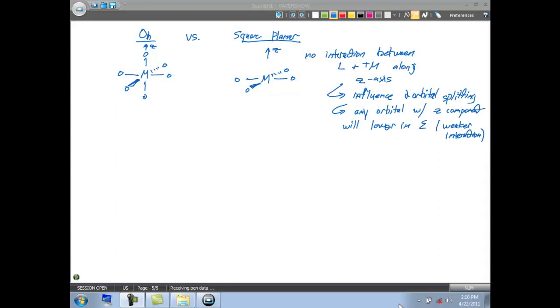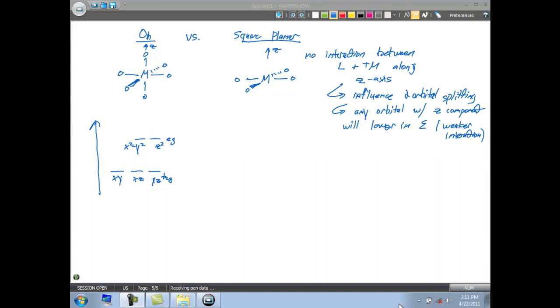So how is this going to influence our splitting diagram? We can draw in for an octahedron our T2G and our EG orbitals. I'm actually going to label each of these as xy, xz, and yz, and x squared minus y squared, and z squared.